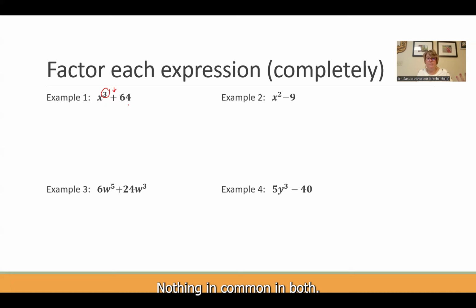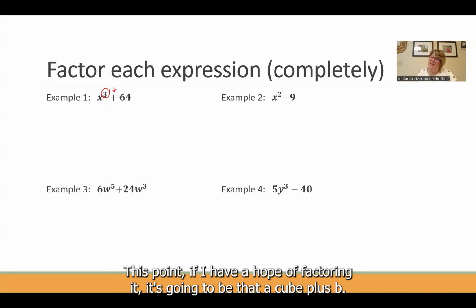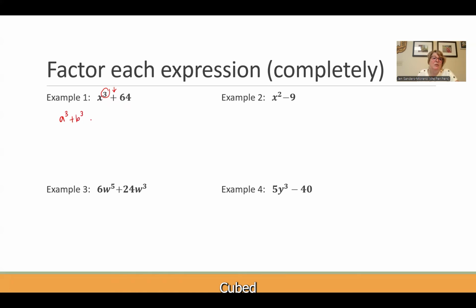So at this point, if I have a hope of factoring it, it's going to be that a cubed plus b cubed is a plus b times a squared minus ab plus b squared. So same, opposite, always positive.